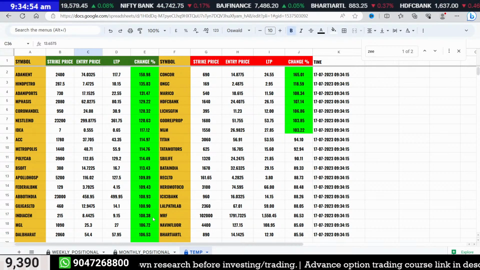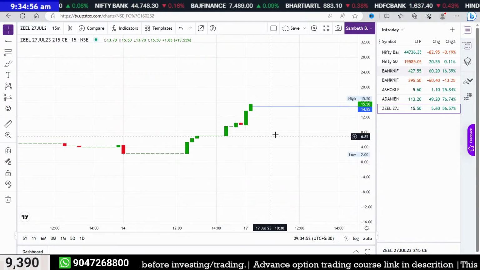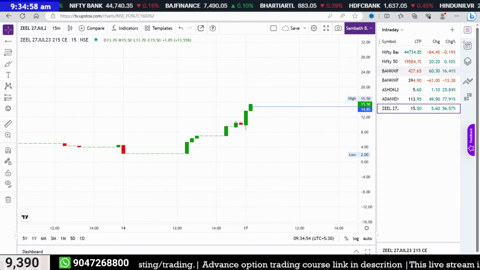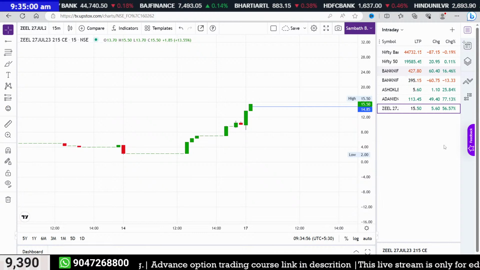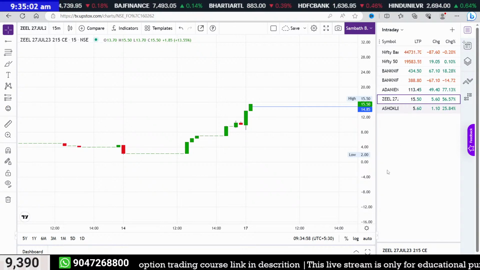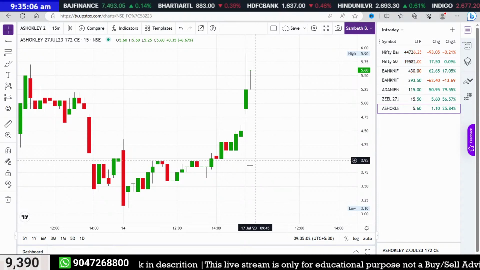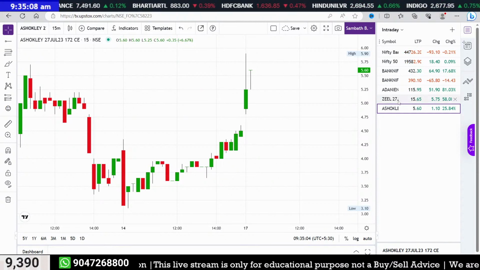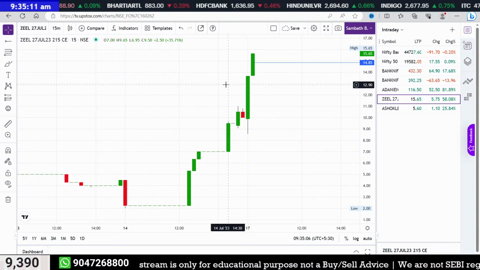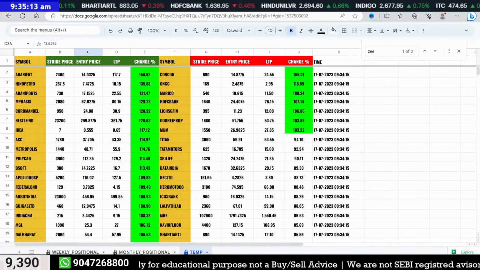14625. Maybe this one looks good, Z Entertainment. In Ashok Leyland also, based on the same concept, 5.4, but it is already triggered and is now moving to 5.6. This should be the breakout, 14.85, which already gave you the breakout.